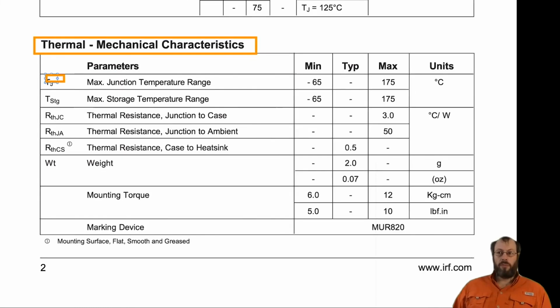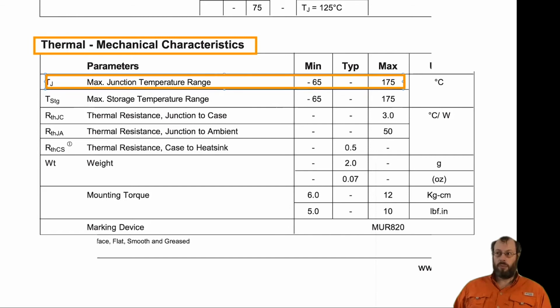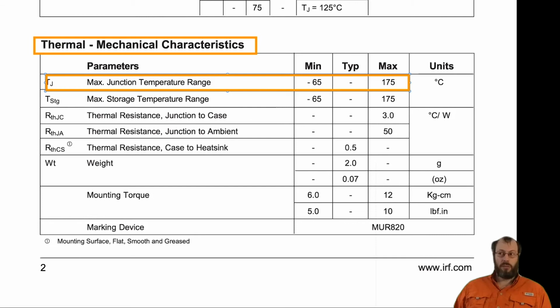Here we can find numbers for the maximum junction temperature range, in the operating range, and also in the storage range. Furthermore, we can find values for those thermal resistances that we've just looked into. In this case, they are given in degrees Celsius per watt, and we have the junction to case temperature and the junction to ambient temperature.